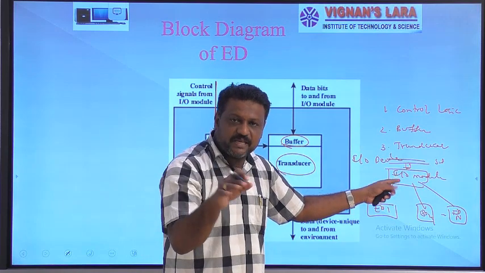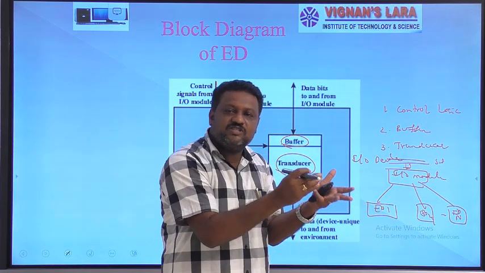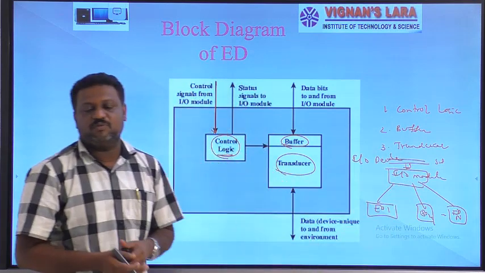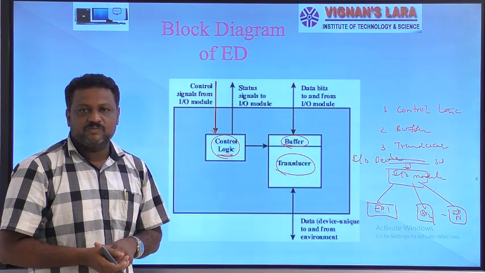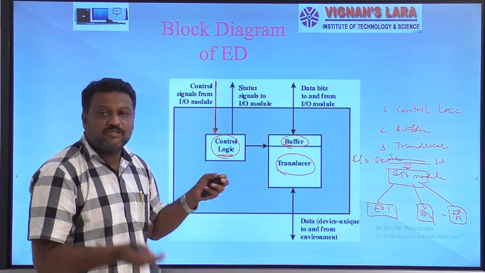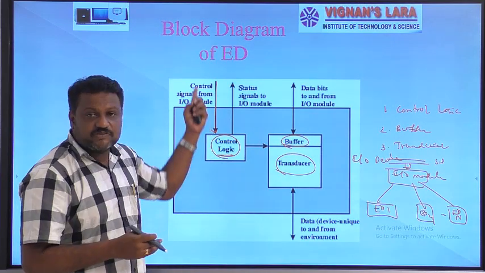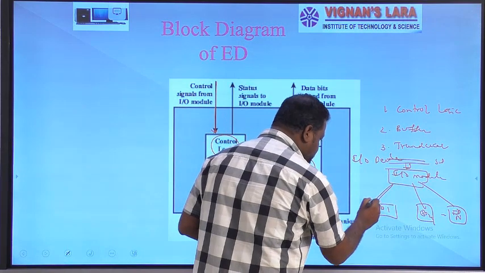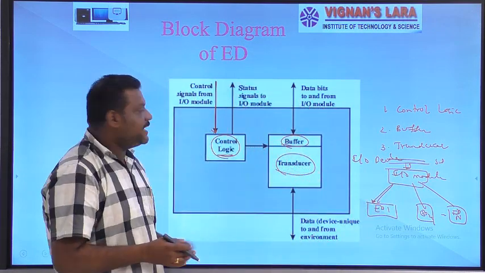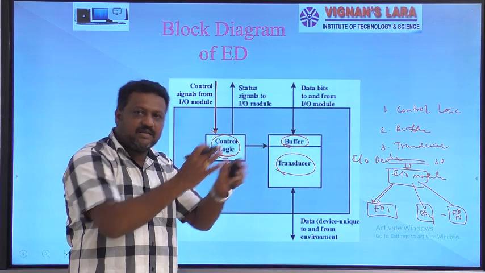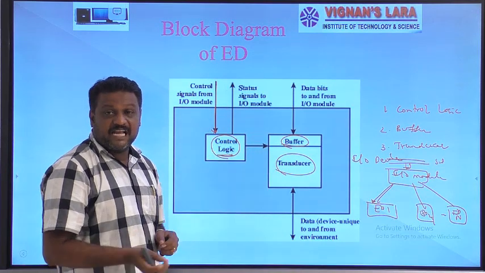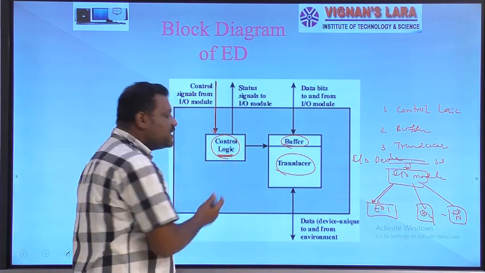Similarly, if the processor or memory sends something to any external device, it informs the I/O module. So the control logic receives the control signals from the I/O module end. From these it receives commands, and according to the commands it sends status information back to the I/O module. That task is also done by your control logic.